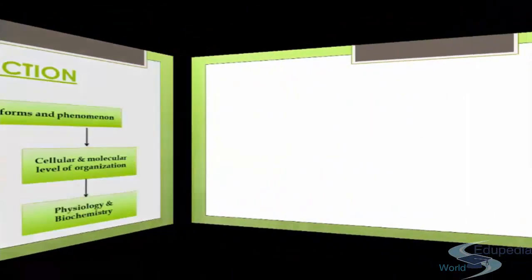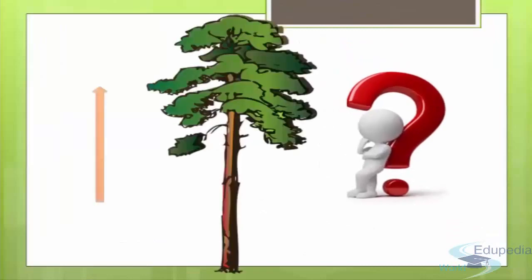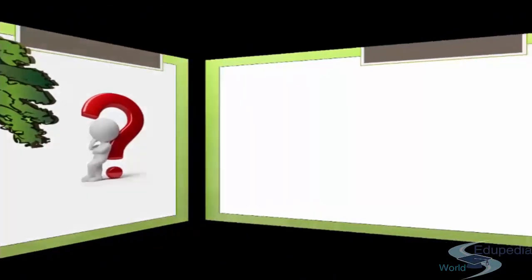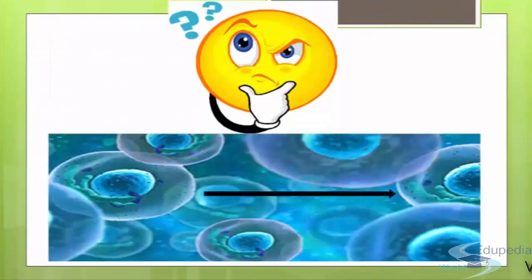Have you ever wondered how water reaches the top of tall trees? Or for that matter, how and why substances move from one cell to another? Whether all substances move in a similar direction, or whether the metabolic energy is required for moving substances.